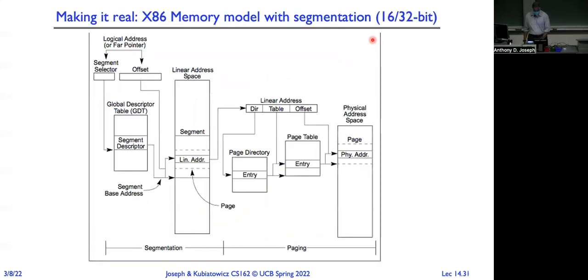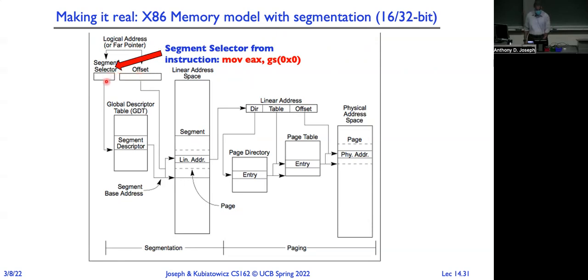Okay, so let's make it all real. Here is an example of x86, which combines segments at the top level along with a multi-level paging scheme. So it's taking everything and putting it all together. Here we have a logical address, or virtual address, or what they call a far pointer.